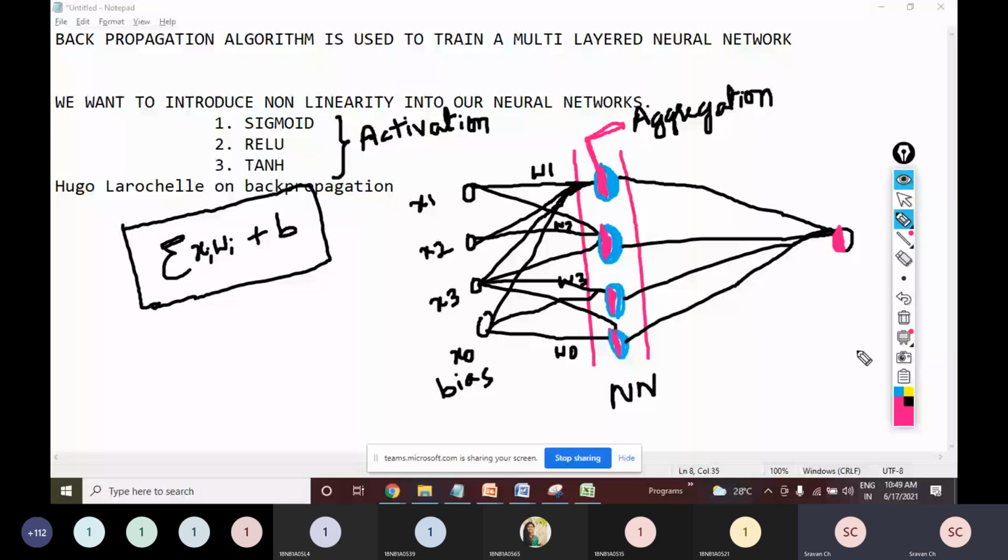There is a weight at this level for every input. Whatever output is generated here will be again multiplied with weights. Then whatever happened in this layer, a similar linear output is generated at the output layer also, which is nothing but the aggregation part. So once I get this aggregate output, again I should add non-linearity to it.